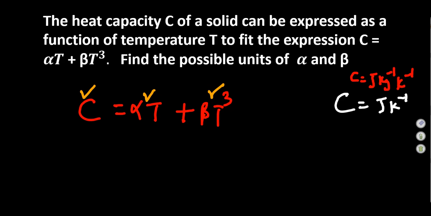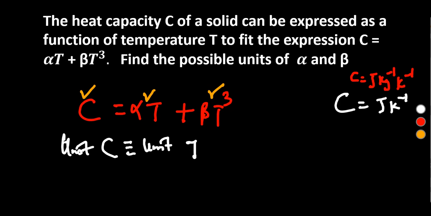So how true is that? So let's write it. We say the unit of C will be equivalent to the unit of alpha T. If that is the case, the unit of C is J K to the power of -1, let's say is equal to the unit of this.